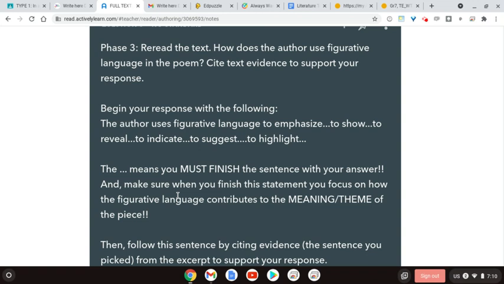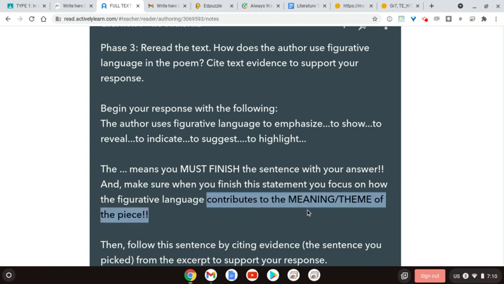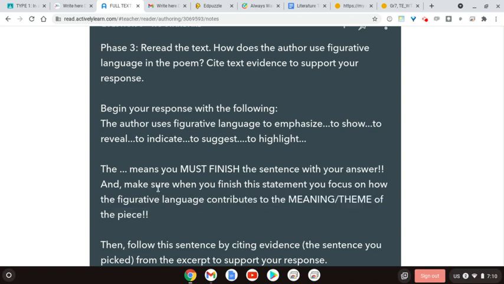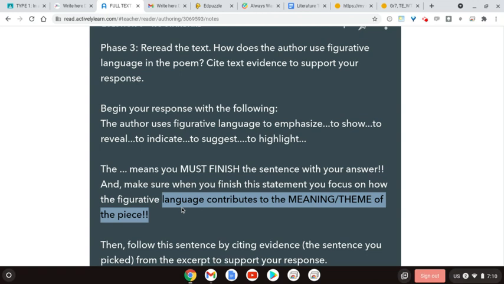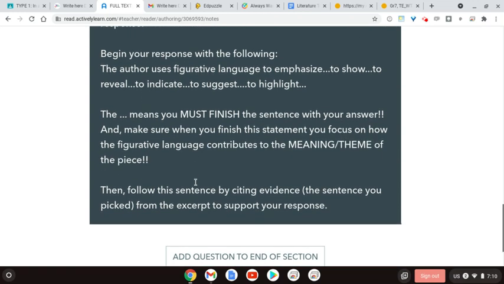How does it connect to the overall message or theme of the piece as a whole by using that figurative language? So make sure after that dot, you finish your claim off with your answer that connects back to how that figurative language, in fact, contributes to the main point, purpose, message, or theme of the entire text. It's really a deep question.